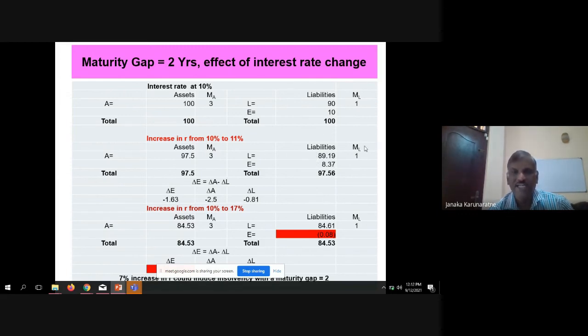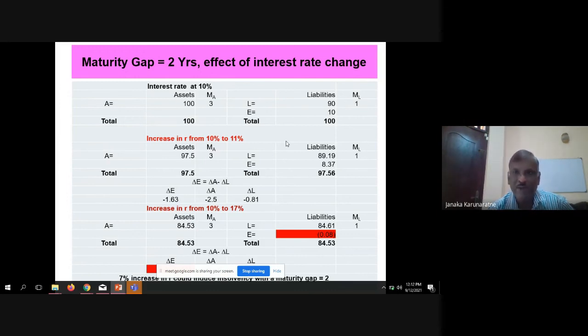Now these changes ultimately impact the capital, right? So you started a bank putting $10 million, 10 million rupees. This is a very simple asset with 3-year maturity, liability 1-year maturity.